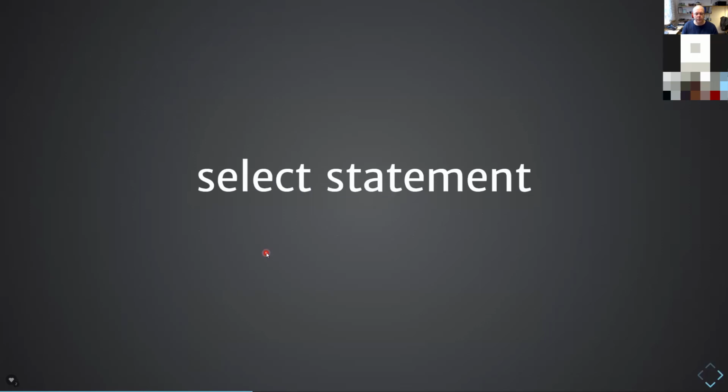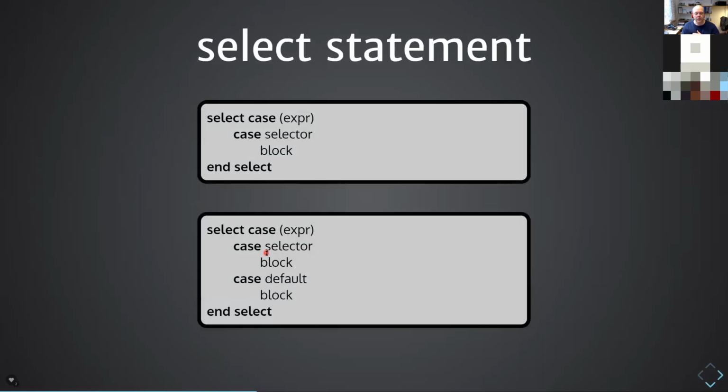There's also a select statement. You can use it if you see in your code that you have a lot of simple if statements. It's probably easier to use a select statement to make it easier to read. So you have select, and then an expression, for example a variable.